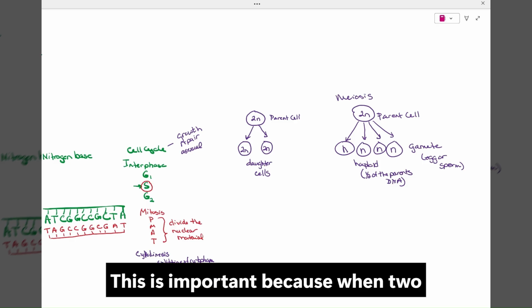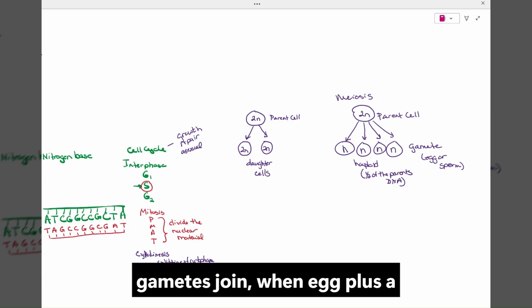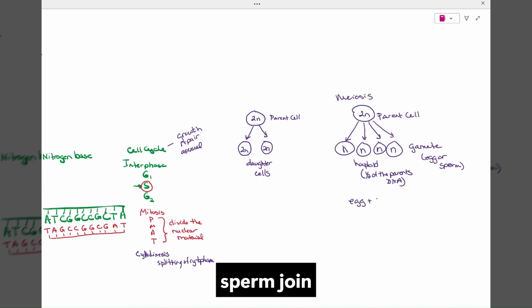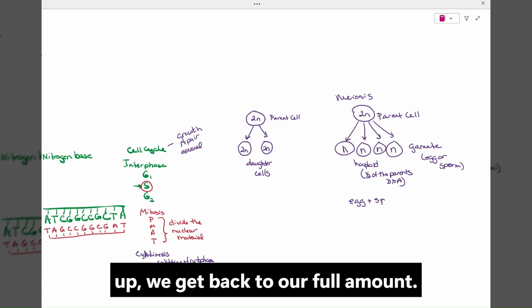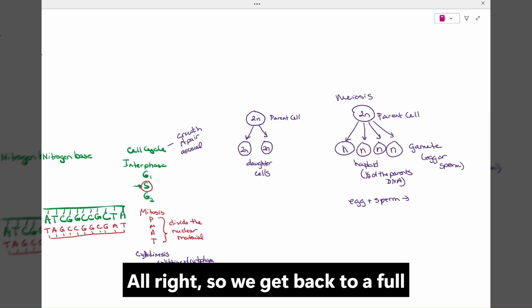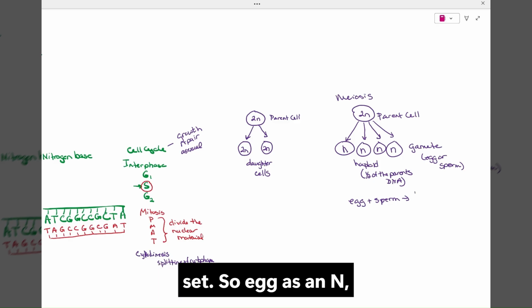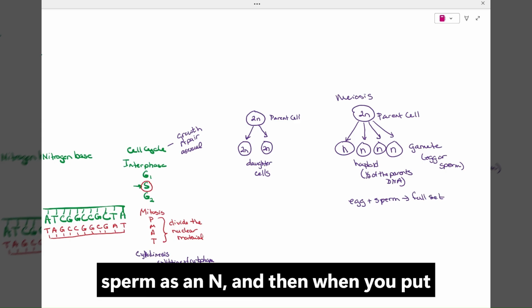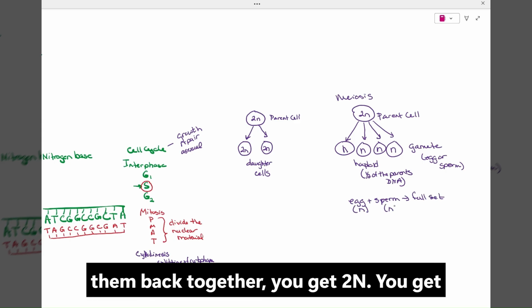This is important because when 2 gametes join, when an egg plus a sperm join up, we get back to our full amount. All right, so we get back to a full set. So egg is an N, sperm is an N, and then when you put them back together, you get 2N.